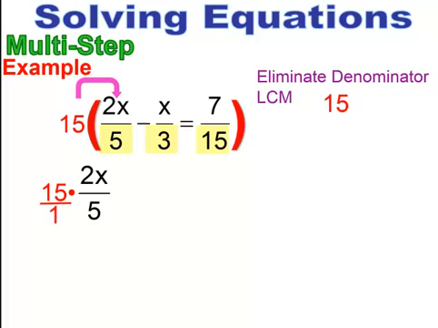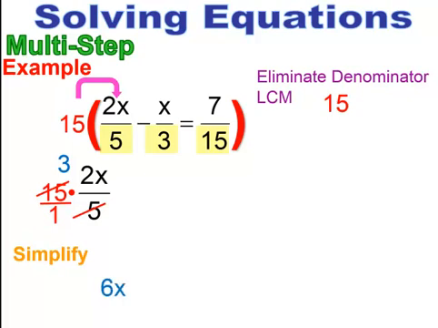Now remember, multiplication of fractions, you want to simplify first and then multiply across. So you're going to simplify here. 5 goes into 5 once. 5 goes into 15 3 times. So you're left with 3 times 2x. You multiply 3 to 2x and you end up with 6x.